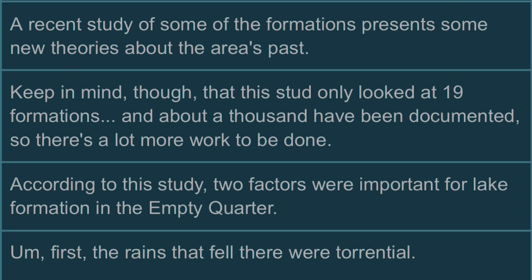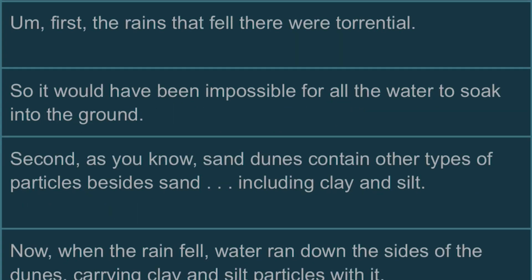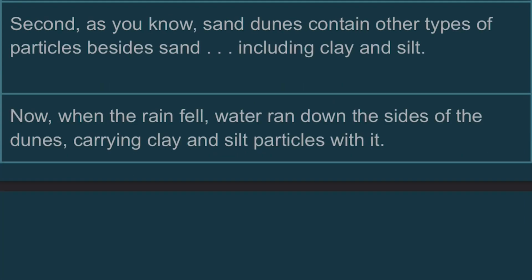According to this study, two factors were important for lake formation in the empty quarter. First, the rains that fell there were torrential, so it would have been impossible for all the water to soak into the ground. Second, as you know, sand dunes contain other types of particles besides sand, including clay and silt.